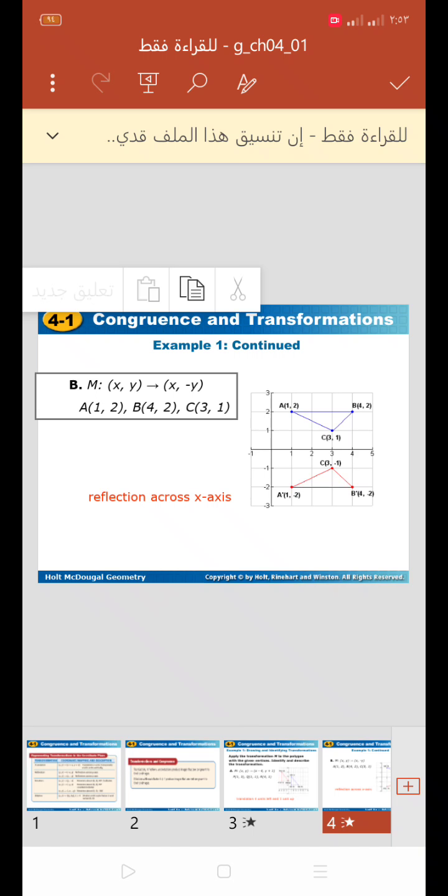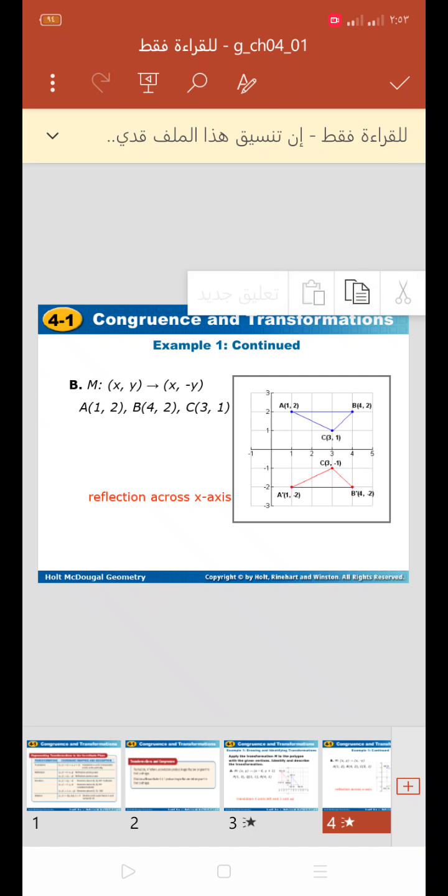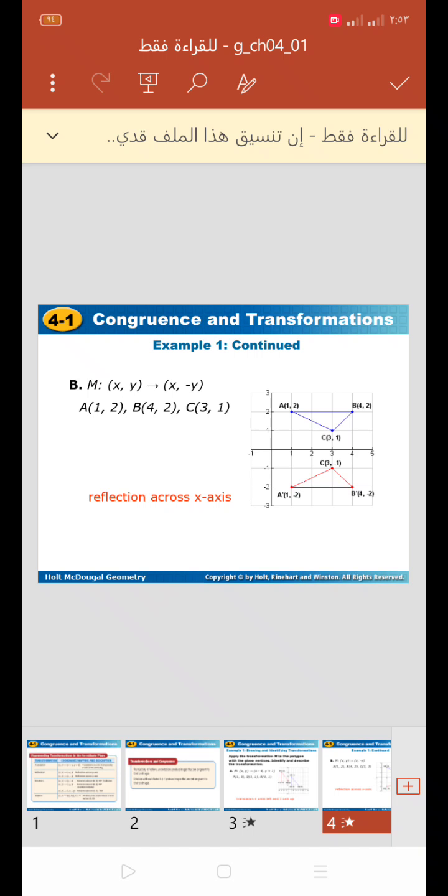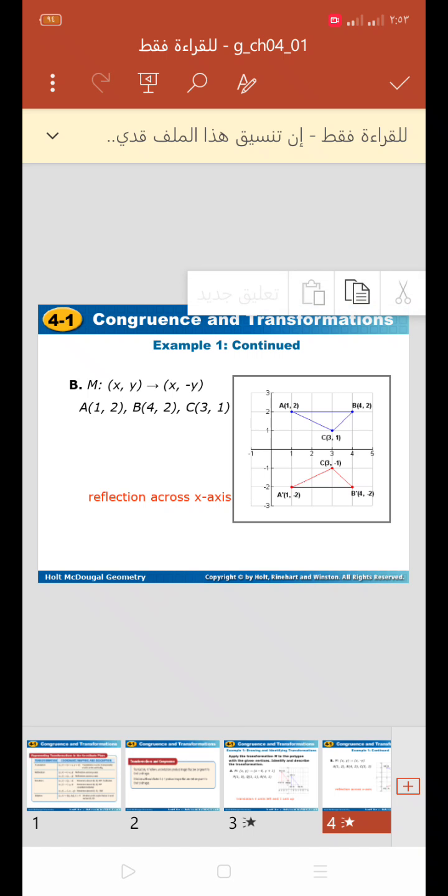Look at the coordinate plane: A dash will be (1, negative 2), B dash will be (4, negative 2), and C dash will be (3, negative 1). They are congruent shapes.